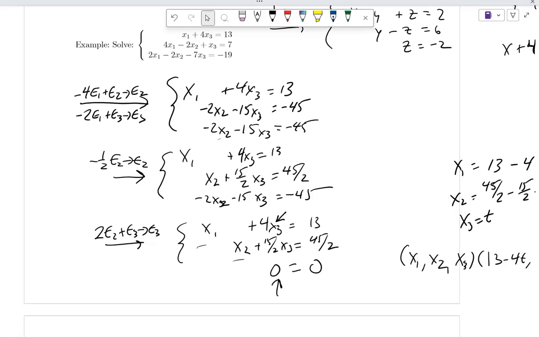If this had been 0, 0, 0 on the right-hand side, notice that we would have done the exact same thing to get to our reduced form here, but these would be zeros, and so we would get infinitely many solutions in that case. We just wouldn't have these constants on the end.